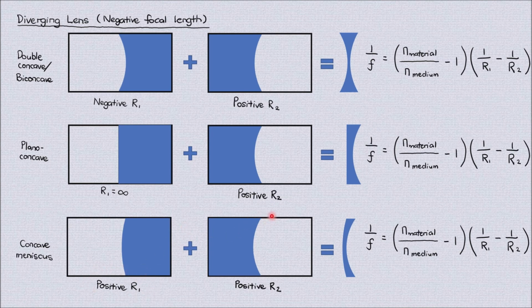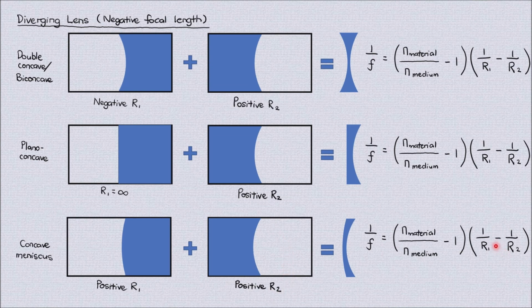For the second surface over here, the center of curvature will be on the right as well, and the refracted ray will also be on the right. So the center of curvature and the refracted ray are both on the right-hand side. What does that mean? It tells you that R2 should also be positive because they are on the same side.